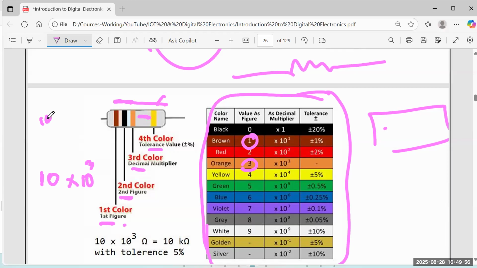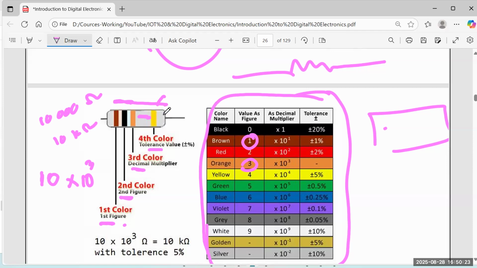So that is 10,000 ohm or 10 kilo ohm, because 1000 ohm is kilo ohm. So this is 10,000 ohm or 10 kilo ohm. So this is not much important for us. This is the tolerance, because these resistors, they can't be made 100% accurately, right? So this means plus or minus tolerance.